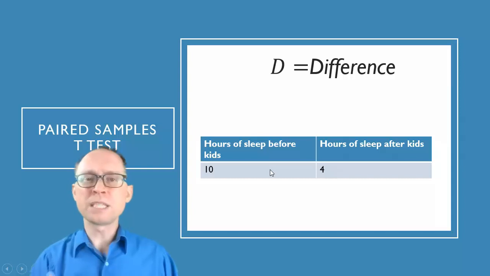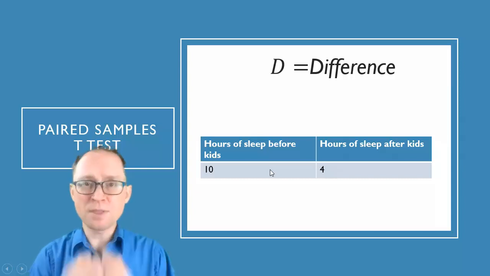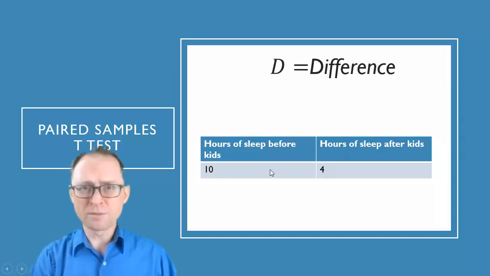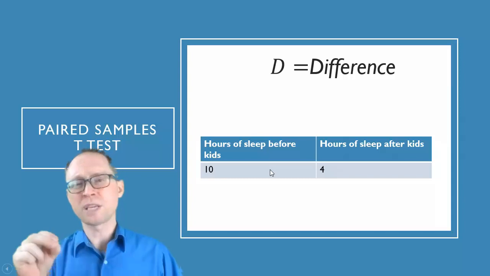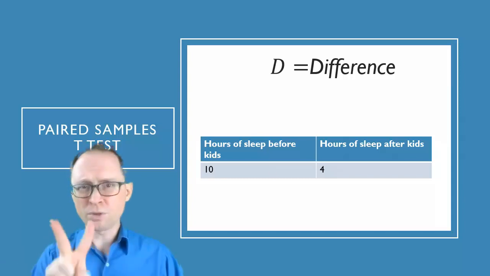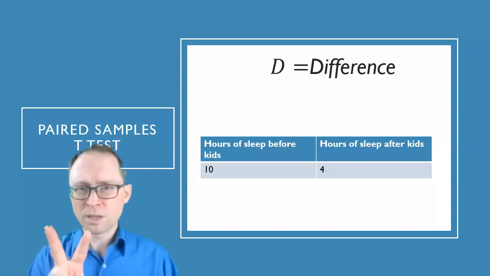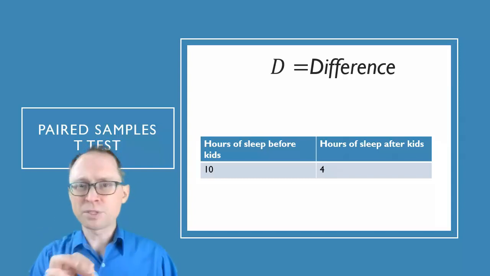In a paired sample t-test, you have to be measuring the same thing 2 times. That's what makes the pair. The pairing is the same person being measured 2 times on the same thing. There's a pair of scores, only 2 times, by the way, a pair of scores, and it's coming from the same person, and it's on the same variable. All right?